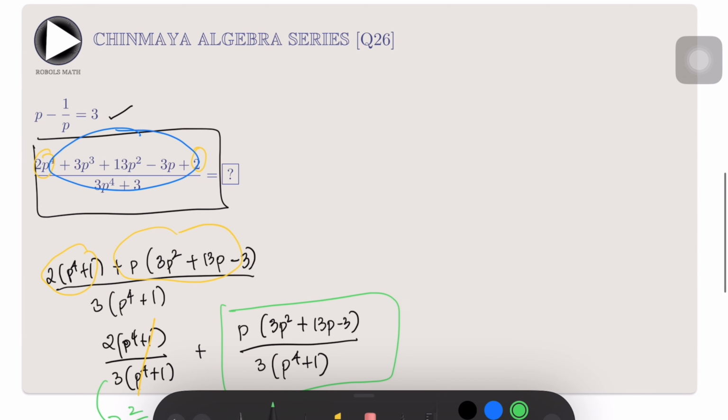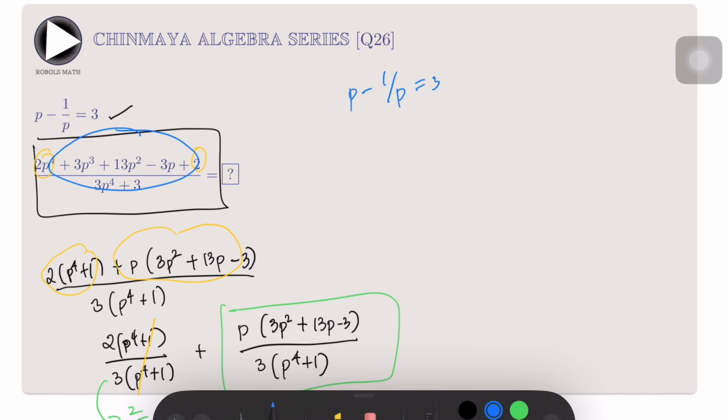For now, let's focus on 3p squared plus 13p minus 3. We can rewrite this. Actually, before that, we might as well look at the given equation first. We are given that p minus 1 over p is equal to 3.